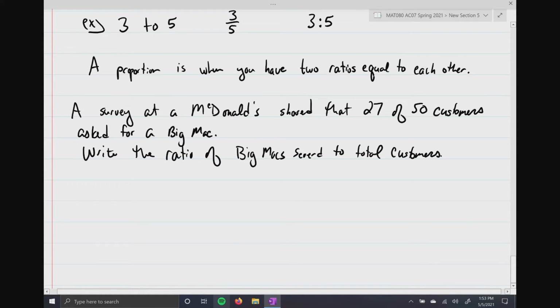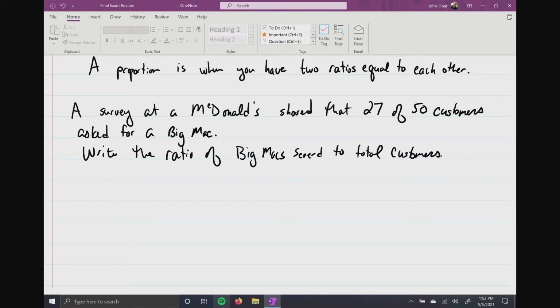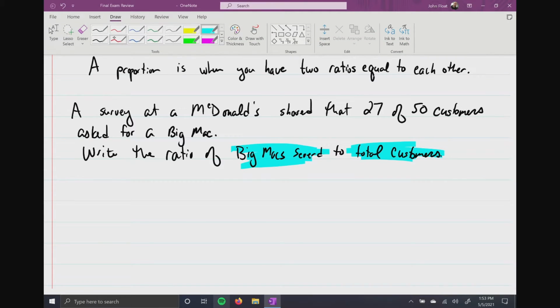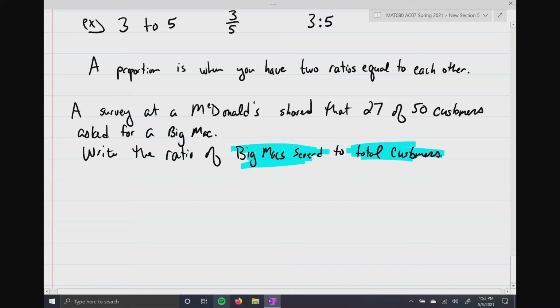So, once again, a ratio is a fraction of two quantities. The two quantities I'm concerned with are Big Mac served and total customers. So, that's going to be 27 over 50.